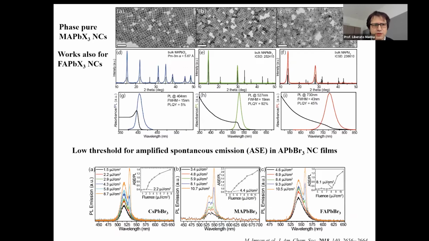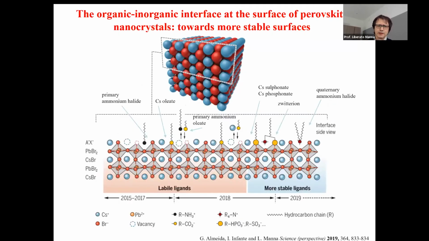We could also make methylammonium and formamidinium lead halide nanocrystals. What you see below are films of cesium, methylammonium, and formamidinium lead bromide nanocrystals with very good optical properties, exhibiting low threshold for amplified spontaneous emission, telling that the optical quality of these films is very high.